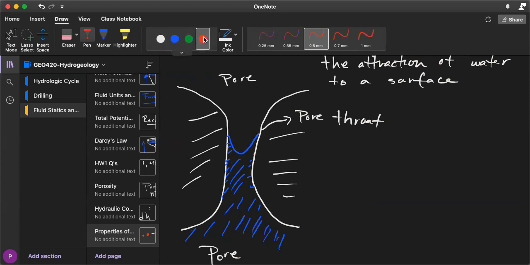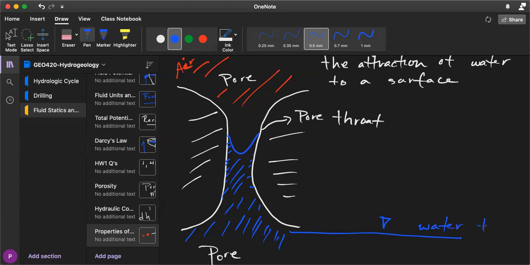All right, and let's say up here we're right near the water table and this pore up here is full of air. This is the water table. So an important thing here: capillarity pulls this water up above the water table.